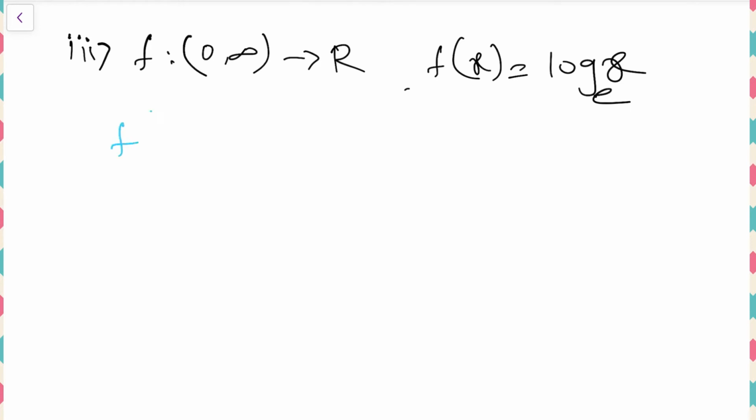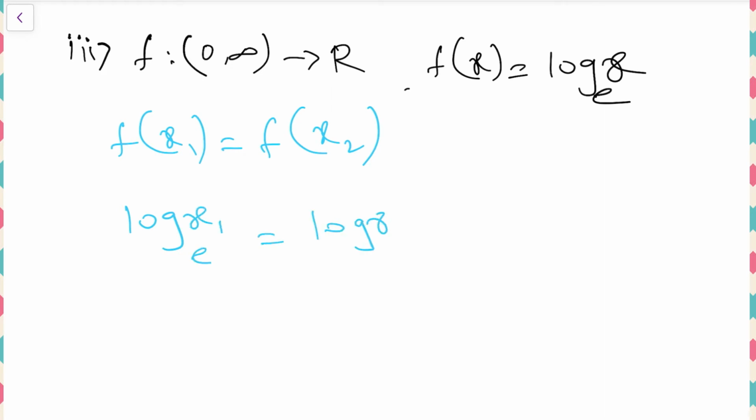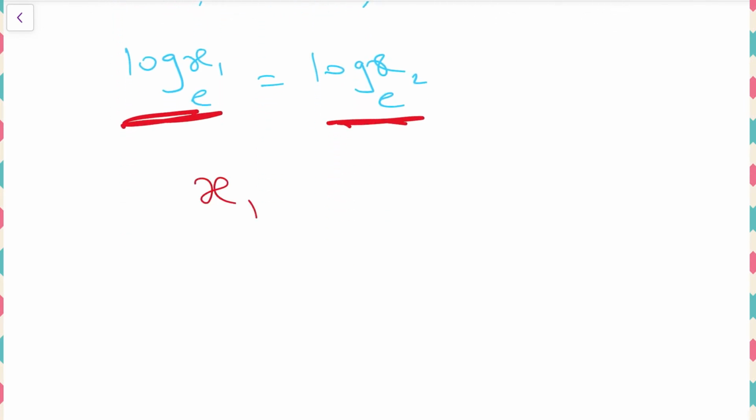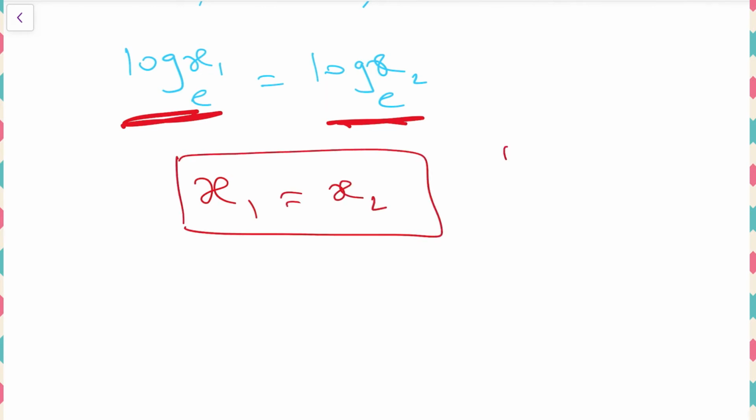So for that, f of x1 is equal to f of x2. Log x1 base e equals log x2 base e. Now if we observe this LHS as well as RHS, this is logarithm with base e and this is also logarithm with base e only. So both the numbers will be equal to each other, that is x1 is equal to x2. If x1 is equal to x2, then this is a one-one function.